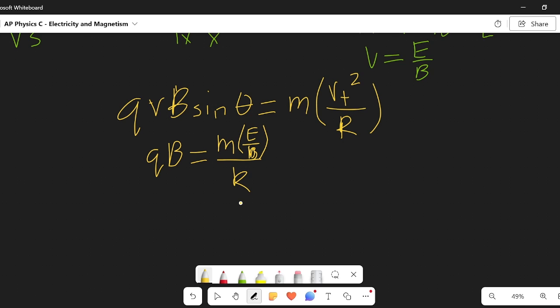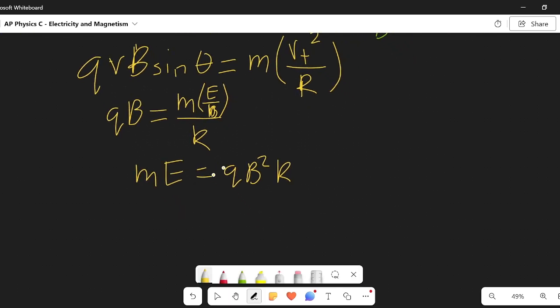So it becomes mE equals qB squared multiplied by r, and this simplifies so that m divided by q equals radius multiplied by B squared divided by E. And so the mass spectrometer is a tool for determining the mass to charge ratios of electric charges with known velocities. So now let's get into the other stuff.